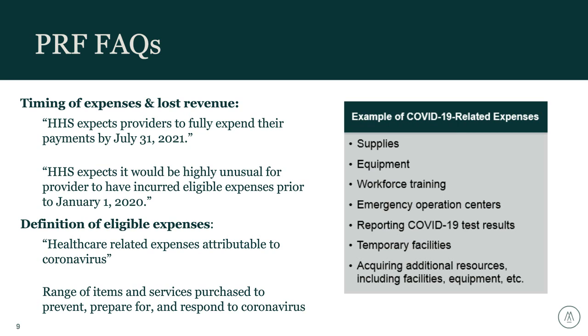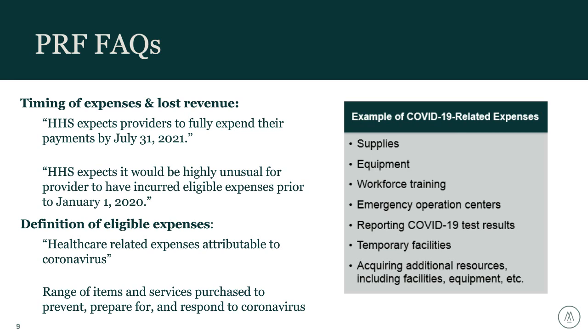So in terms of the timing of expenses and lost revenue, HHS expects providers to expend the payments by July 31st, 2021. So we have a little bit of an end post in this instructions so far. They say it would be highly unusual to incur eligible expenses prior to January 1st, 2020.